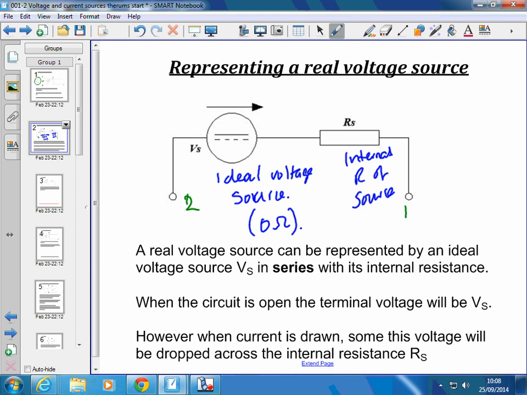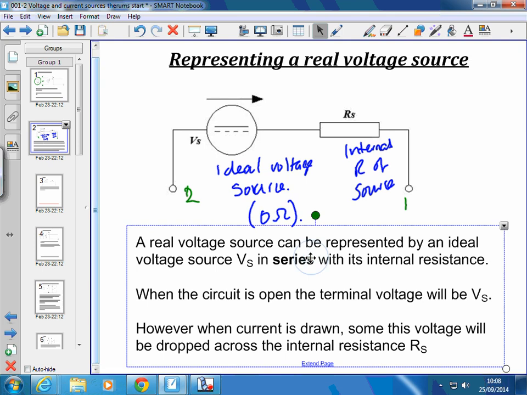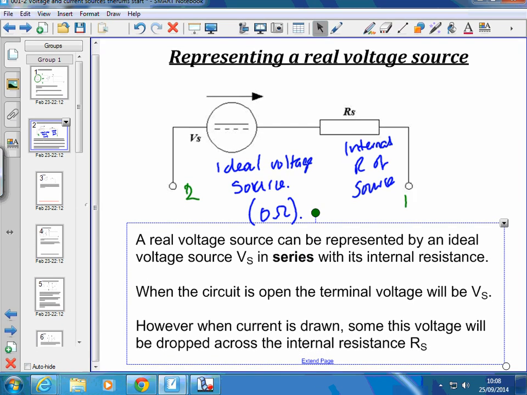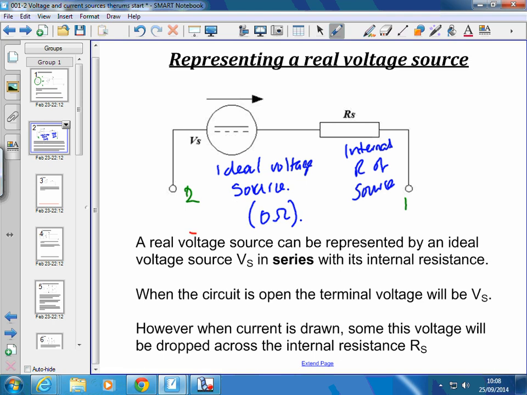When that circuit is open circuit, no load connected as it is now, what's the terminal voltage going to be? What would I measure if I put a voltmeter across the two terminals there? We've got no load on it.